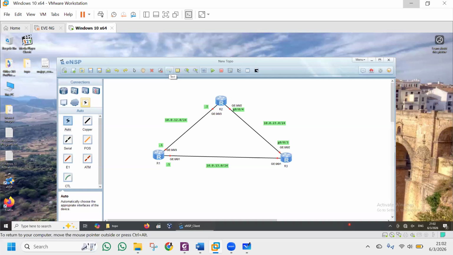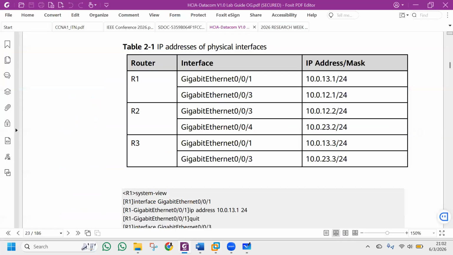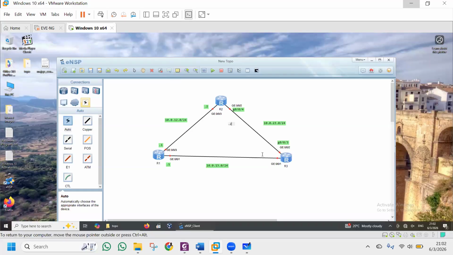That one is probably .1. R1 is 1, R2 is 2, and R3 is 3. That was simple. There's a .3 here, and another .3 here. We're done labeling our network.